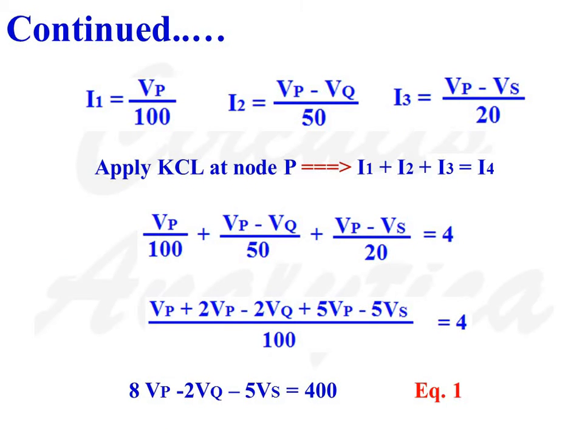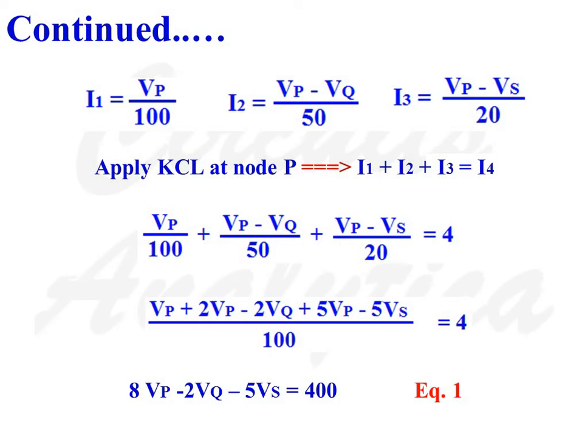I1 is equal to Vp divided by 100, I2 is equal to (Vp minus Vq) divided by 50, and I3 is equal to (Vp minus Vs) divided by 20. Applying KCL at node P, I1 plus I2 plus I3 is equal to I4. Vp by 100 plus (Vp minus Vq) divided by 50 plus (Vp minus Vs) divided by 20 is equal to 4.